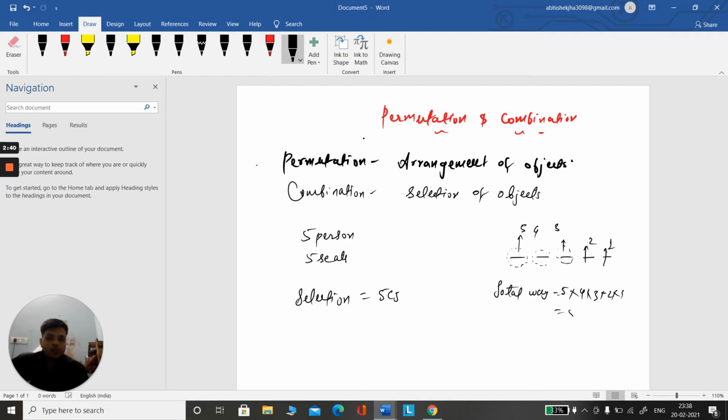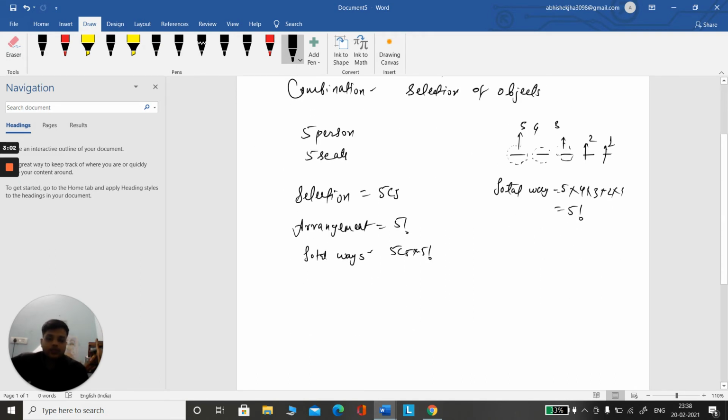This is basically the formula of 5 factorial. Now let me define this example in a general form. So selection will be 5C5 and arrangement will be 5 factorial. So total ways will be 5C5 into 5 factorial. Now since we know the value of 5C5 is 1, it will be 5 factorial.